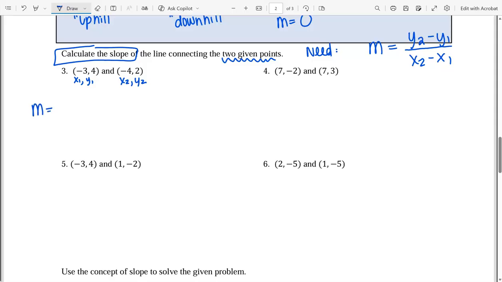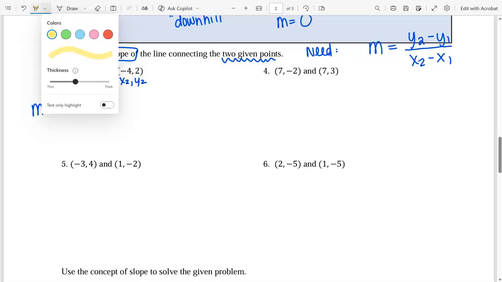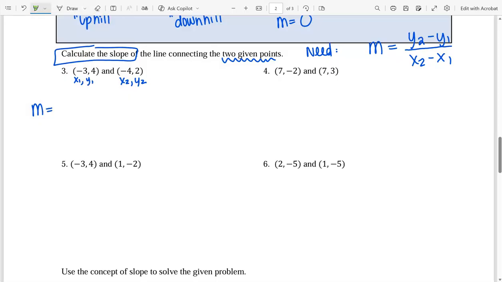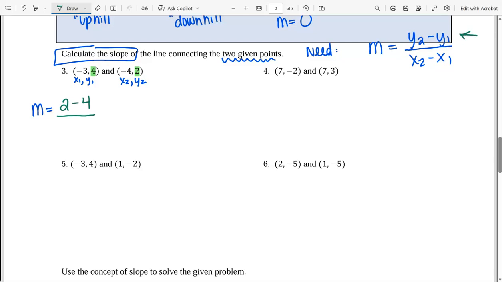So my slope would be, first starting off with my y coordinates, my second y minus my first y. So I'm going to do the number 2 minus the number 4. Second point minus first point. Always making sure to put your y coordinates on top.